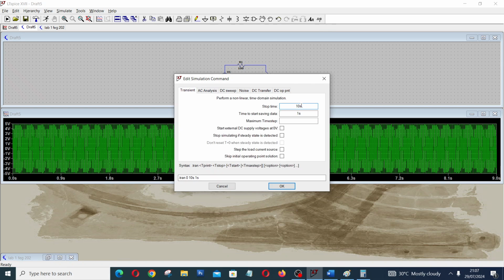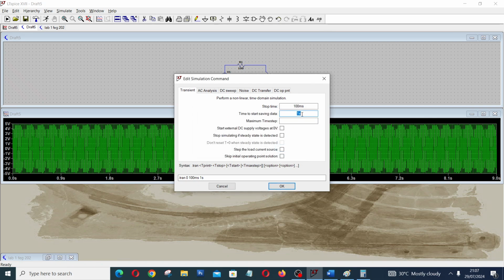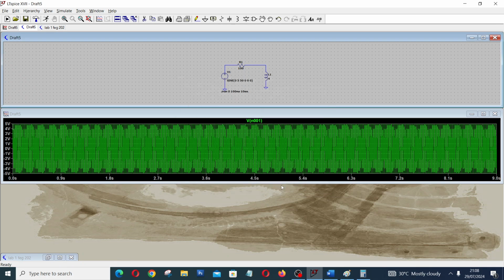Let's change it to 100 milliseconds, so that we can get, let's say, 10 milliseconds. Let's simulate this again.